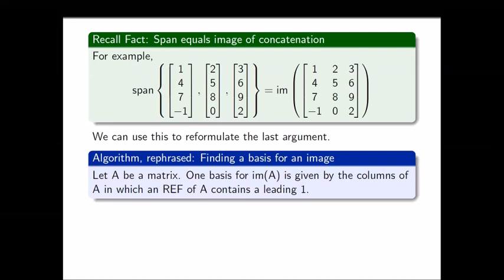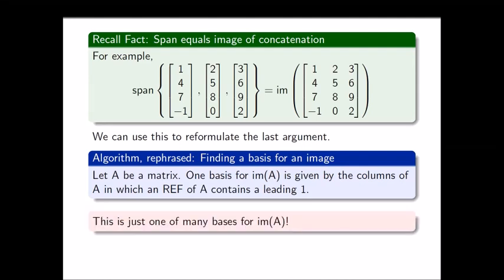So we're just exploiting what we learned on the previous slide to get ourselves a way to find a basis for the image space of A. And of course, you have to remember that there are going to be more than one basis for the image space of A, like any other subspace.